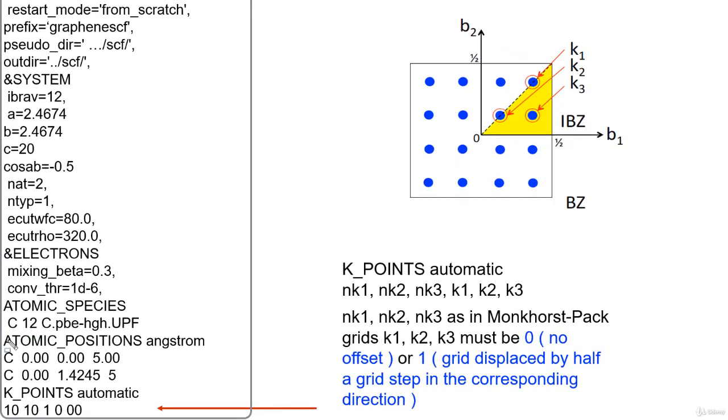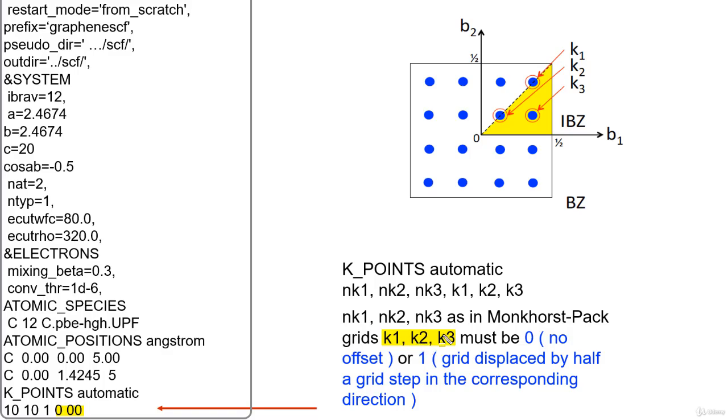To find the appropriate value for k points, we change its value in the K_POINTS section in the input file. These first 3 numbers mean the number of k points in the x, y, and z directions. Also, these 3 numbers mean k1, k2, and k3.